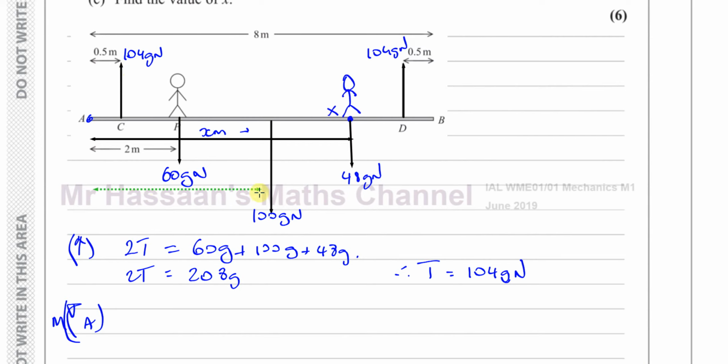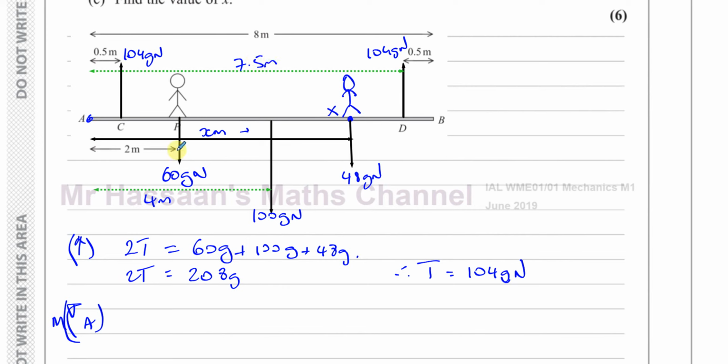This is the distance of 4 meters because it is halfway along, and the distance from there up to that weight there is again X. In fact, I've already marked that as X. And the distance we need is this distance over there: 8 minus 0.5, that's 7.5 meters. It looks like 7.6, doesn't it? 7.5 meters from A. Okay, so we have all the distances we need.